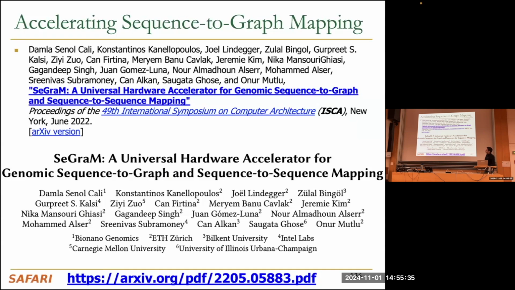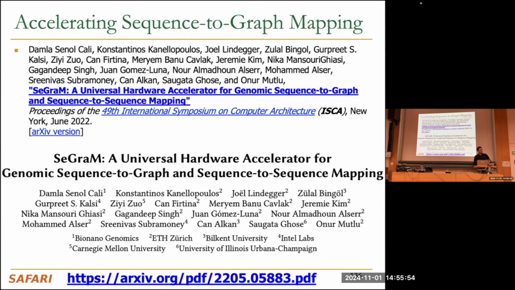The next work that I'll cover is SAGRAM. This is mainly built on GNASM, but it looks at the read mapping problem from a different perspective by focusing on the sequence to graph mapping.